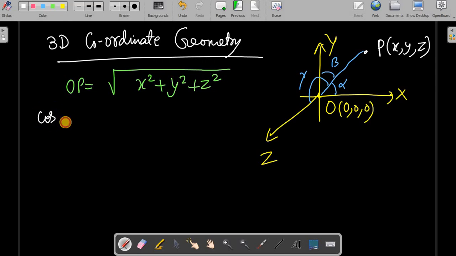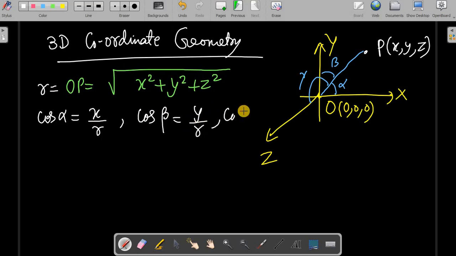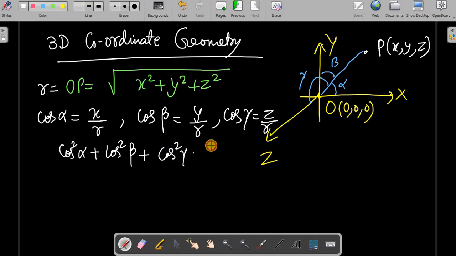So cos alpha can be calculated as x by this distance, which you can take as r. Cos beta is y by r, and cos gamma is z by r. And cos squared alpha plus cos squared beta plus cos squared gamma is going to be 1.